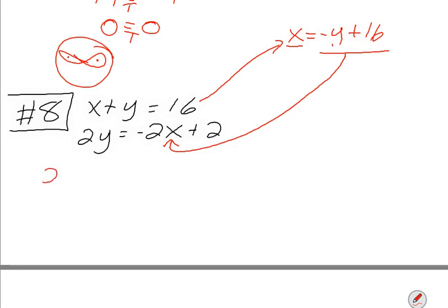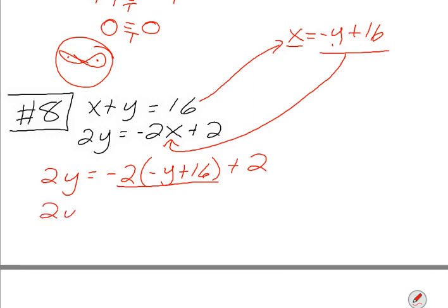So I will get 2y equals negative 2 times my negative y plus 16 plus 2. Multiplying distributive property, 2y is equal to 2y minus 32 plus 2.